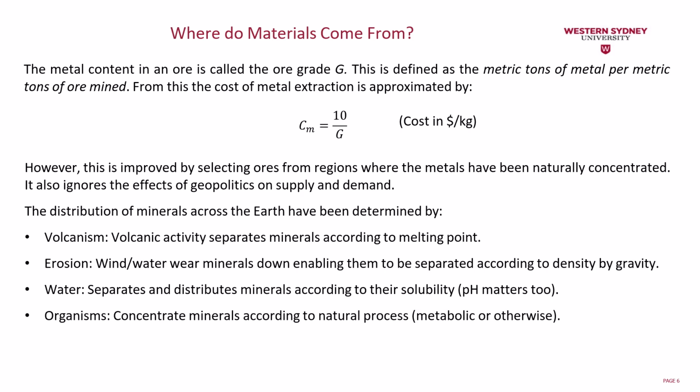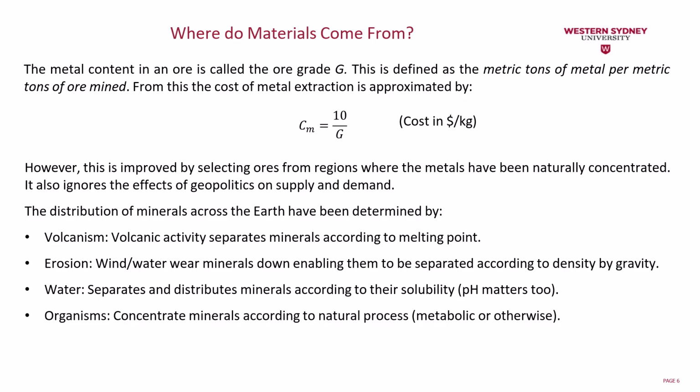The distribution of minerals across the earth has been determined by, first, volcanism, where volcanic activity separated minerals according to melting point; erosion, where wind or water wear minerals down, enabling them to be separated according to density or by gravity; or water that separates and distributes minerals according to their solubility, where the pH matters too, which is the acidity and alkalinity.